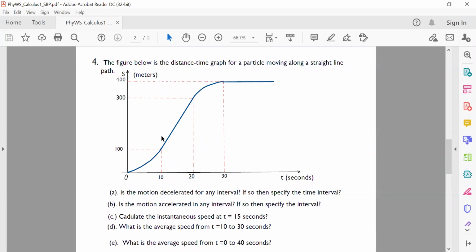Sir, this is a distance versus time graph, no? Not a speed versus time graph. So distance is increasing uniformly with respect to time between 10 and 20, so it's not accelerated motion. But between 0 and 10, you can see that in equal intervals of time, it's covering more and more distance.